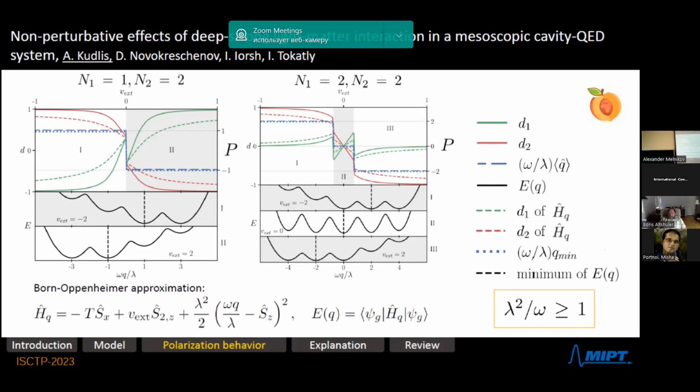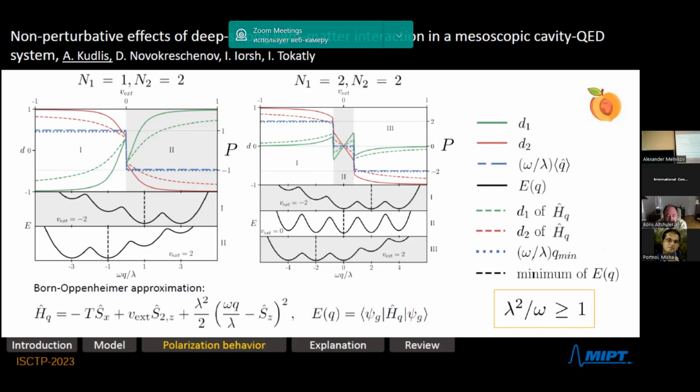We see abrupt, almost quantized behavior of total polarization depending on the value of external potential applied to the second group.